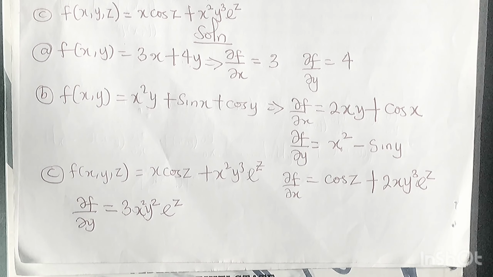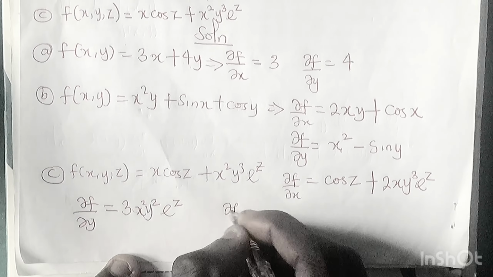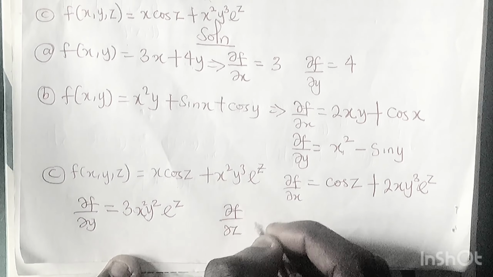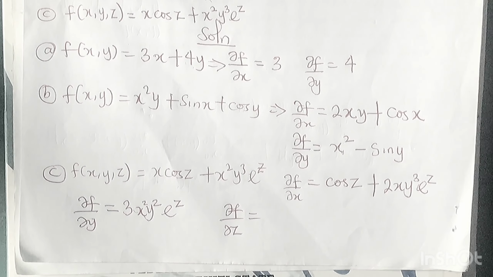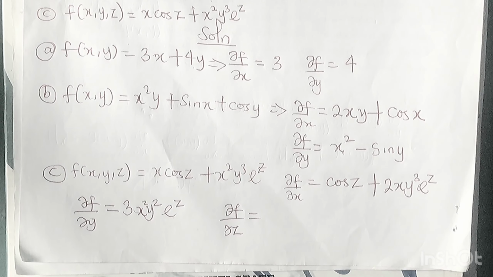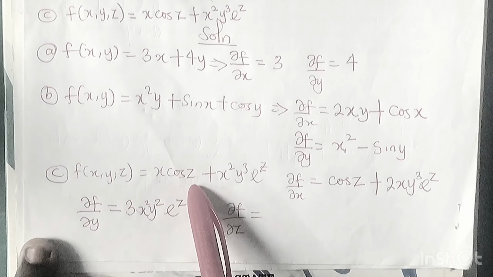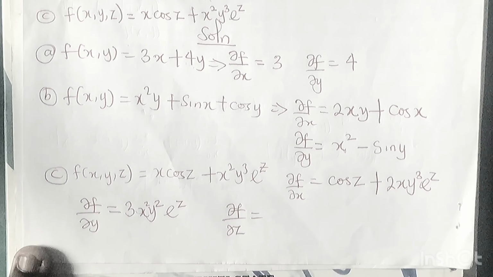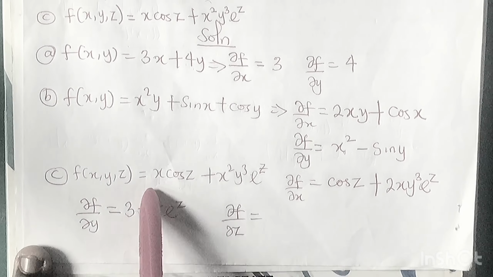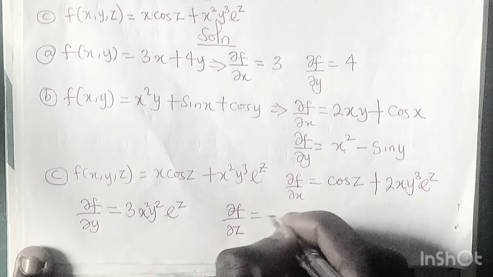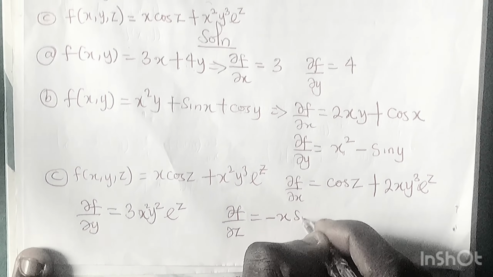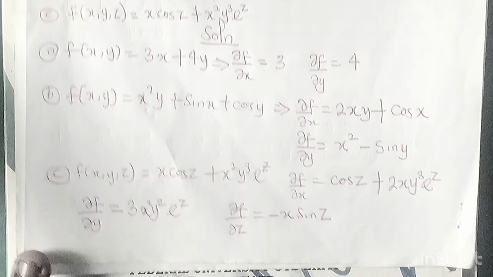Now the last one, you want to differentiate with respect to z, which is ∂f/∂z. If you differentiate with respect to z, differentiate cos z. Cos z will give you minus sine z multiplied by x. So that will be minus x sine z.